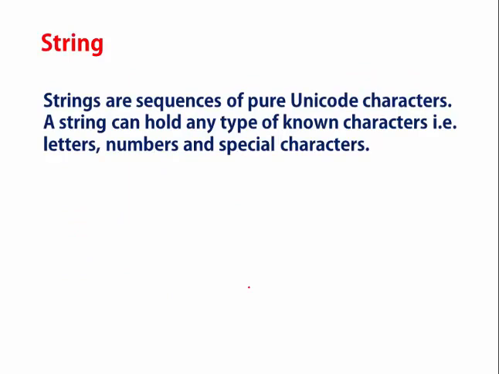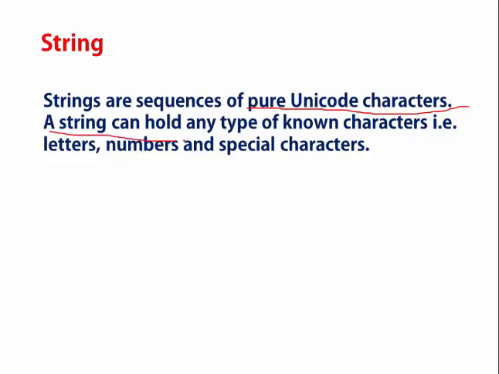So we talk about the strings. Strings are sequences of pure Unicode characters. Every character that you see on the keyboard has been assigned one code that we call Unicode. These characters in machine language are represented by that Unicode. Any character of any language in the world has been given a Unicode code.